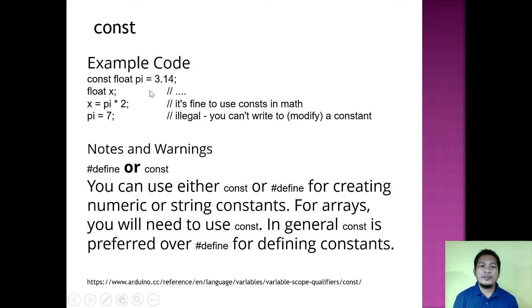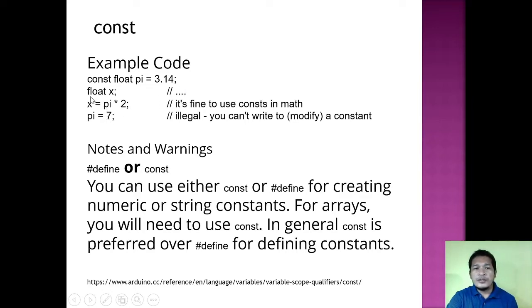But we know that pi, we declare that pi is equal to 3.14. So in programming, it needs a semicolon after your declaration, your command.